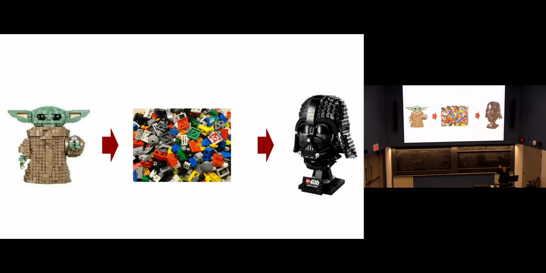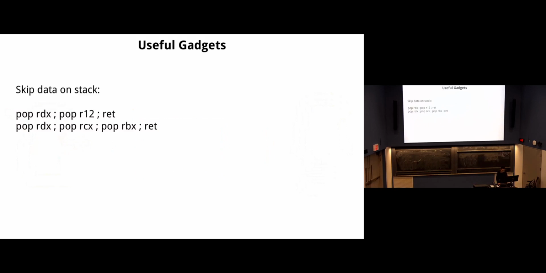So the original program is like, who is this guy again? Yoda, right? It's like a Yoda. Then you break it down to smaller pieces, then you reassemble them into something malicious. Okay, so that's the basic idea of ROP.